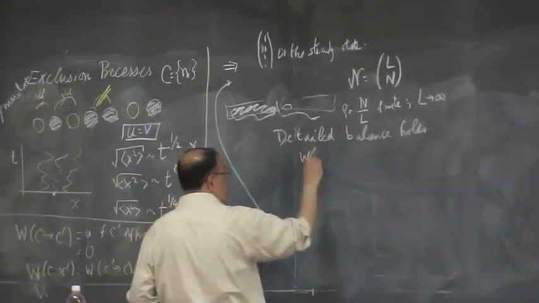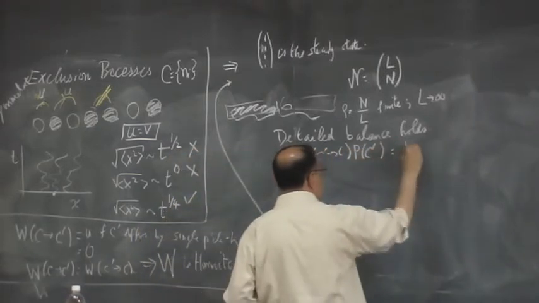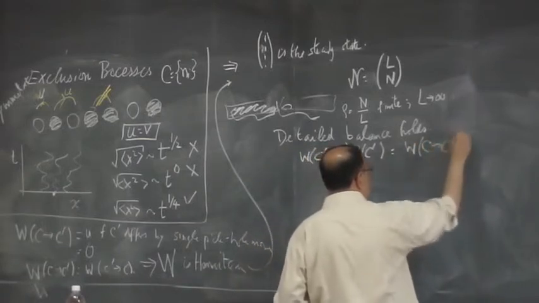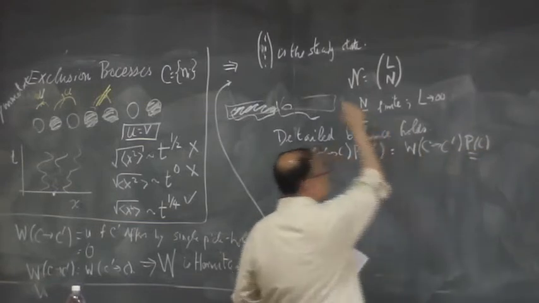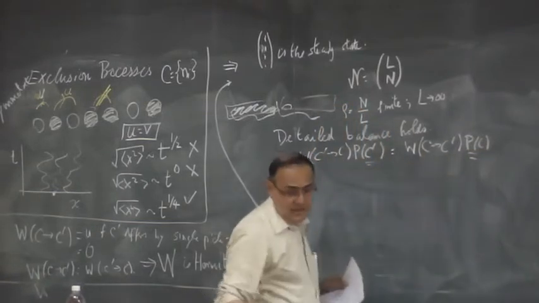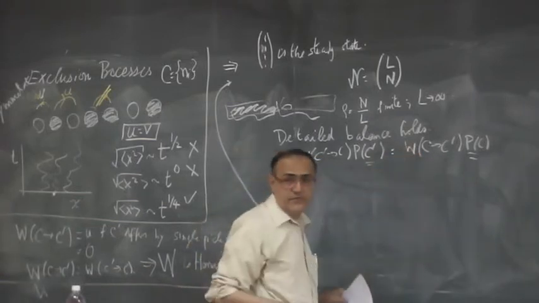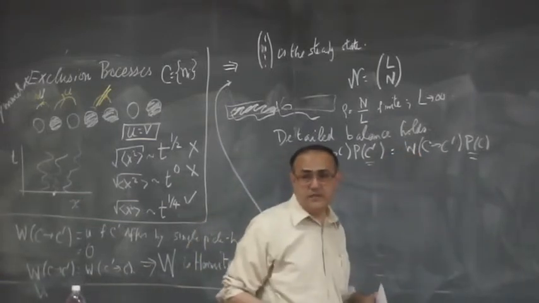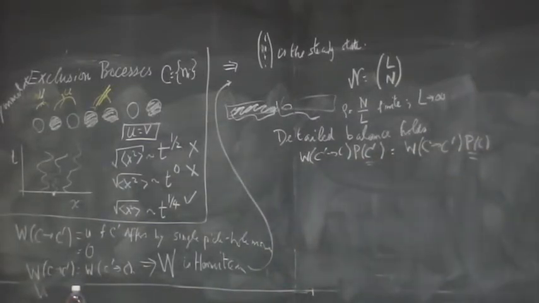Because detailed balance is W(C' to C) P(C') equal to W(C to C') P(C). But we just said P(C') equals P(C), and we also know that in this case W is equal, therefore detailed balance is valid. So actually what we are describing is an equilibrium system. What is the energy of the system?